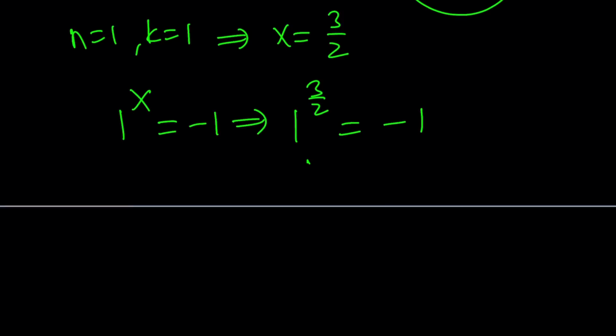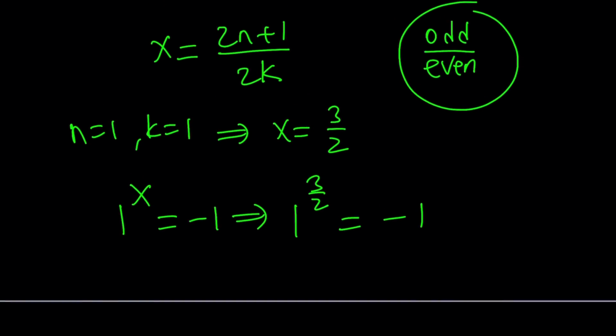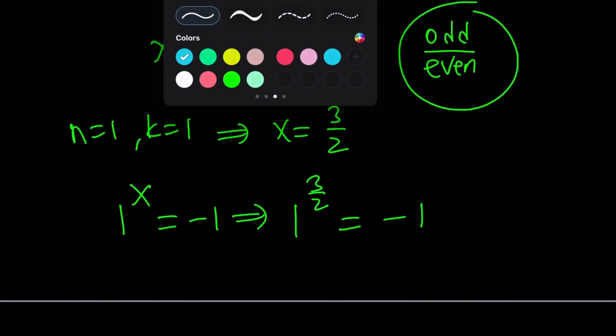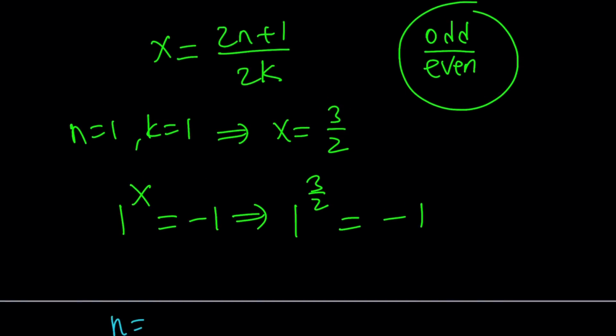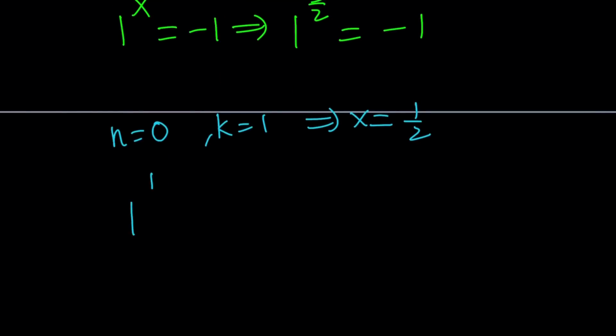So what does that number represent? To get a better idea, let me go ahead and show you another value that we can derive from here. What happens if n is equal to 0 and k is equal to 1? Then we get x equals 1/2. And let's go ahead and plug it in. 1 to the power 1/2 equals -1.